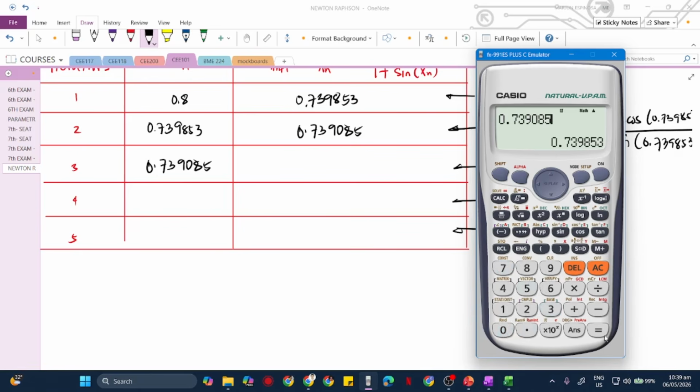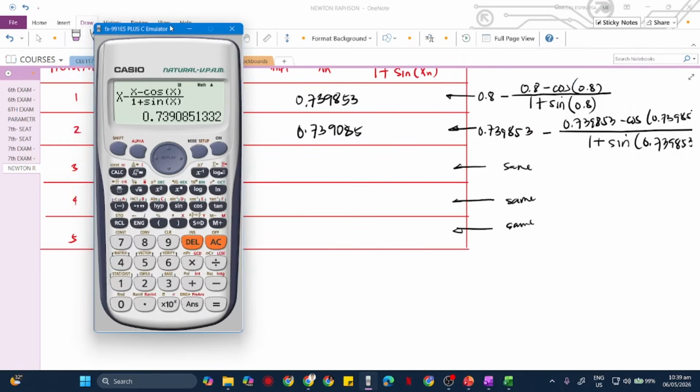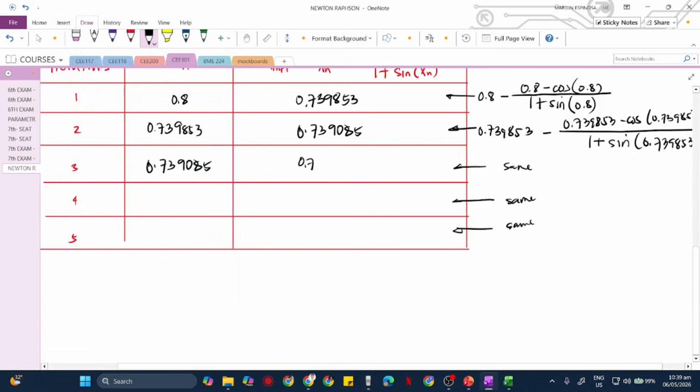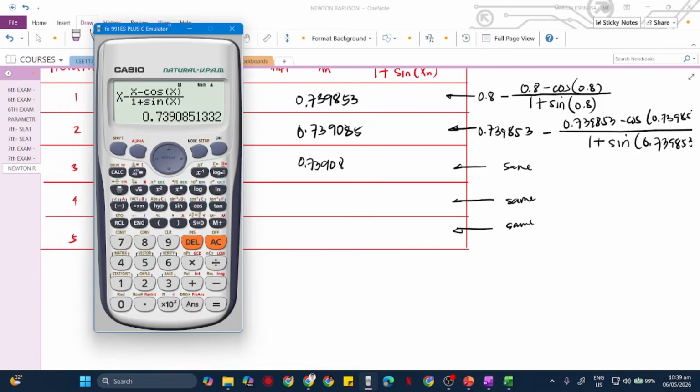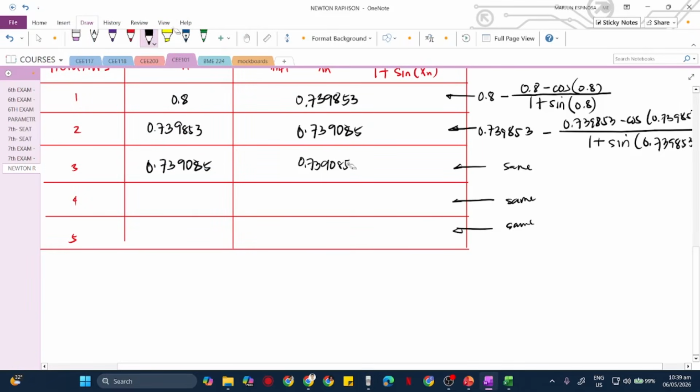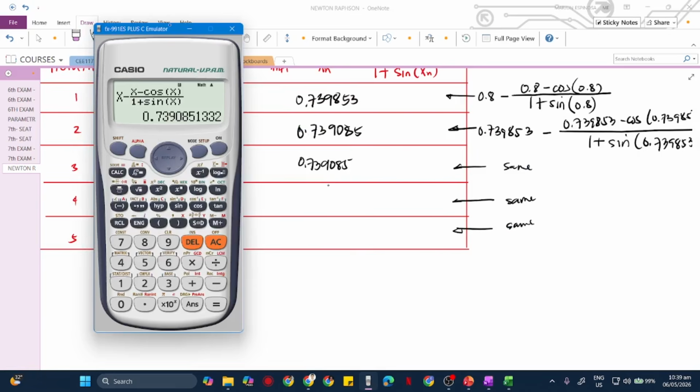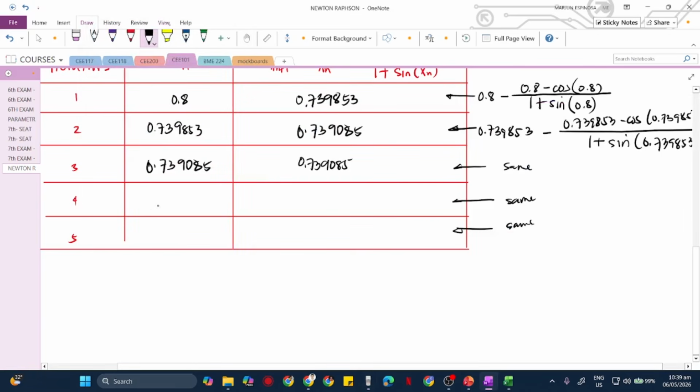0.739085. So, ang value niyan is 0.739085 din, di ba? No? 6 decimal places, no? Tingnan nyo. So, kung gagamitin natin yan dito ulit, then we still will get the same value.